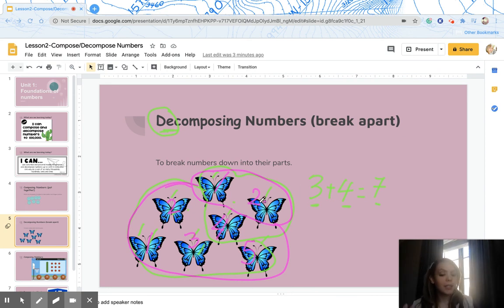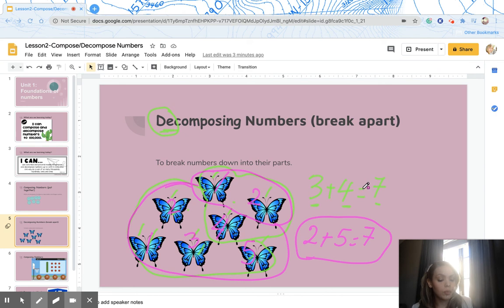So my next way of decomposing these butterflies was to make a group of 2 butterflies and another group of 5 butterflies. And again, they still give me my 7 butterflies. This was just a different way of breaking up my 7 butterfly group.